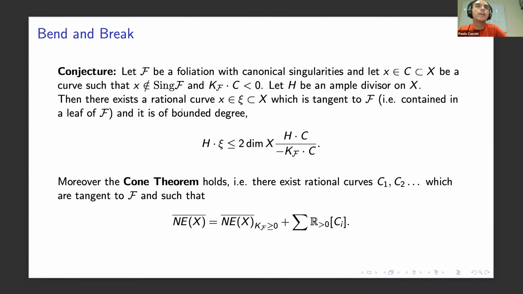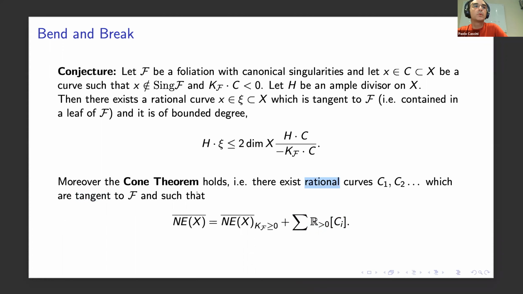The reason why this fact is important is that, exactly like in Mori's cone theorem or all its generalizations in the log canonical world, we expect that there exist countably many rational curves such that the cone of curves can be decomposed into a part for which we don't know anything, the part which has no negative degree with respect to the canonical divisor, plus a part which is closed, because it's spanned by these curves C_i, which are rational and tangent to the foliation.